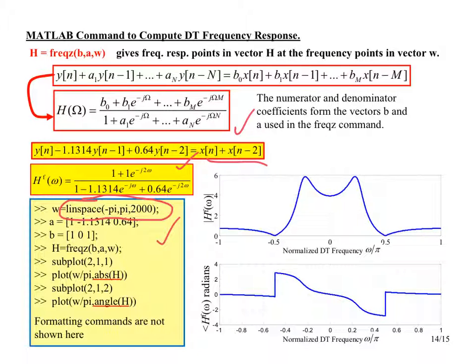Last time I showed you this freqz, we created our frequency vector by using the colon command. So we said like minus pi colon 0.001 colon pi. So that's one way to do it. What this tells us is create a vector that starts at minus pi, goes to pi, and has 2,000 terms.